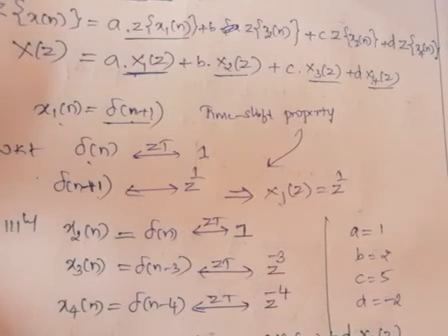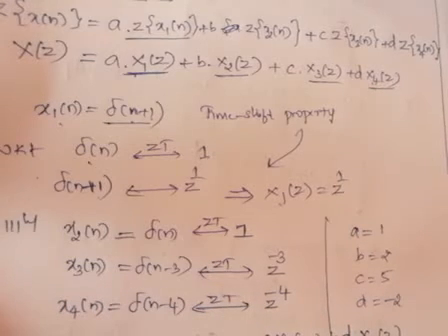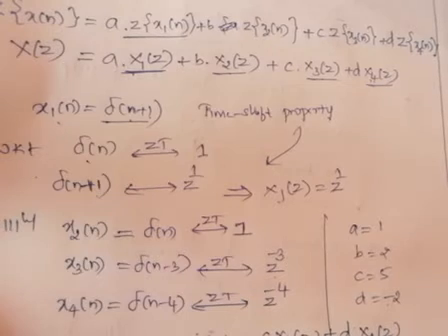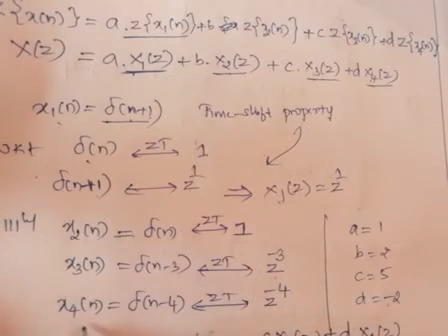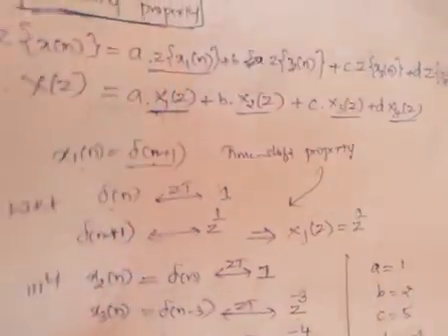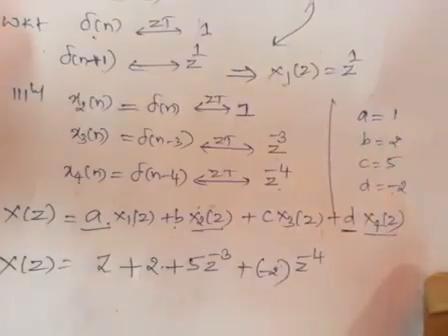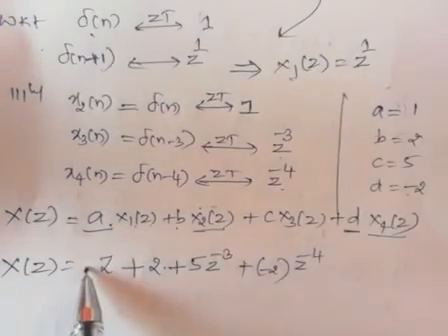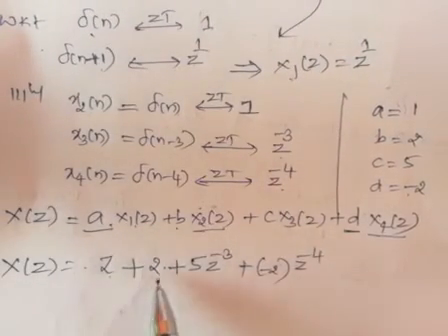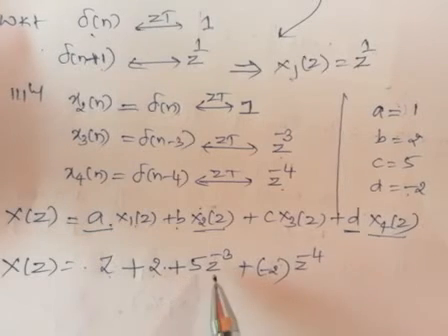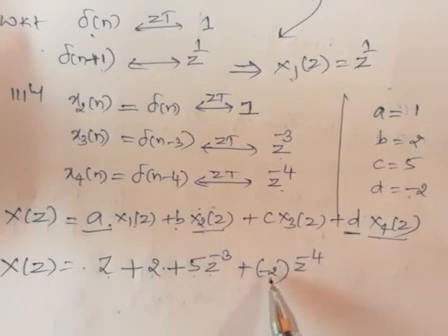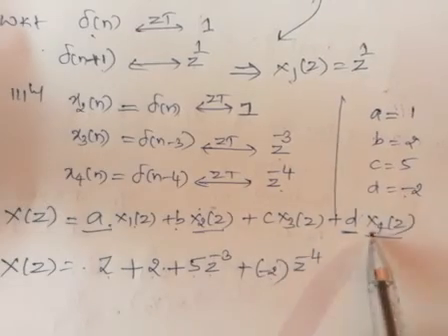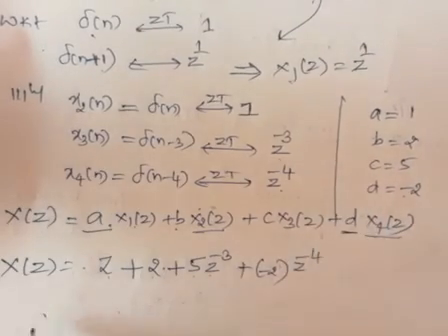Next plus c is 5, x3 of z is z to the power minus 3, plus d value is minus 2 multiplied by x4 of z, and x4 of z is z to the power minus 4. So a is 1, x1 of z is z, b is 2, x2 of z is 1, c is 5, x3 of z is z to the power minus 3, d is minus 2, x4 of z is z to the power minus 4.